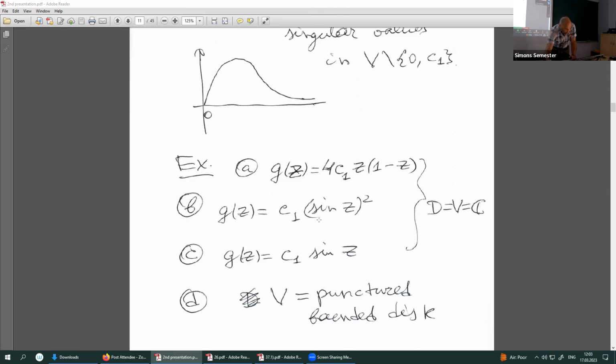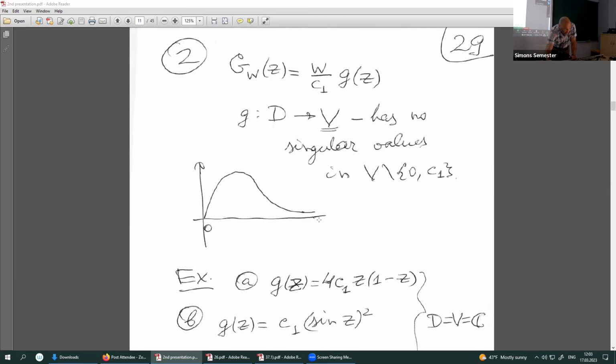The main condition we imposed for this to hold is that this map G from D to V has at most two singular values. The singular values could be critical values, at 0 and at C1.